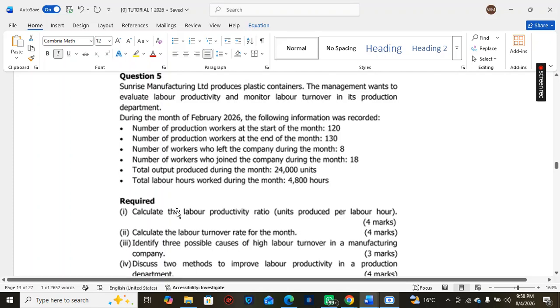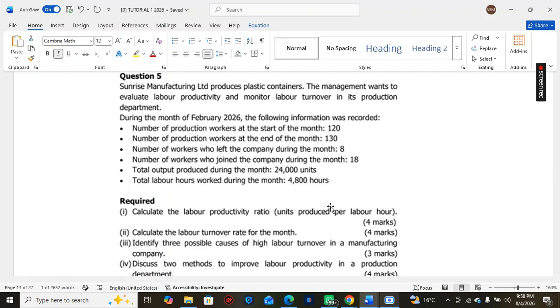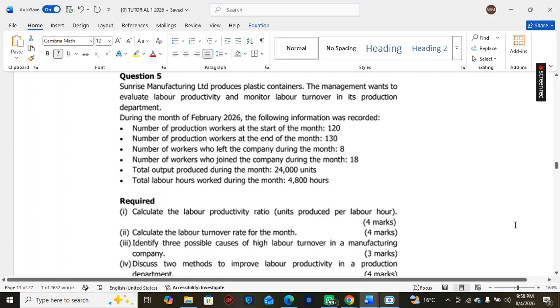Number one, calculate the labor productivity ratio. Basically, the units produced per labor hour. The numerator is the number of units and the denominator is the labor hours.